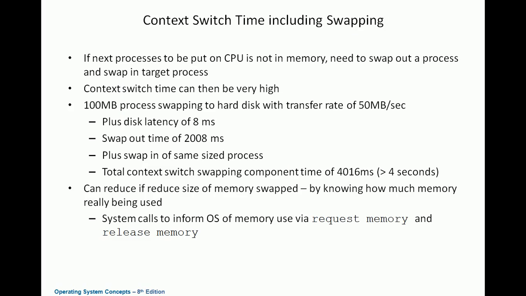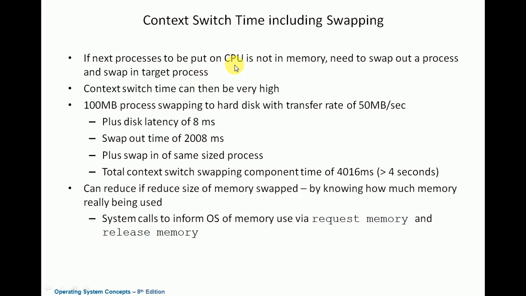Now let us see the context switch time, including swapping time. If the next process to be put on the CPU is not in memory and is in the backing storage, we need to swap out a process and swap in the target process.